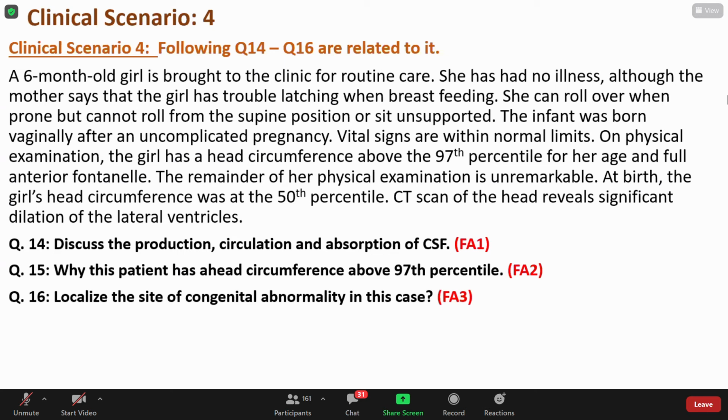It can go either laterally or medially. If it's lateral, then it's the foramen of Luschka, and if it's medial, then it's the foramen of Magendie. And both of those lead into the subarachnoid space, which is surrounding the brain.